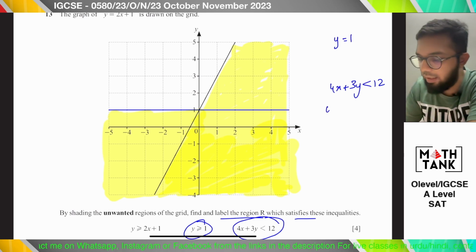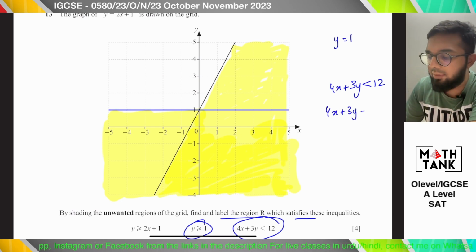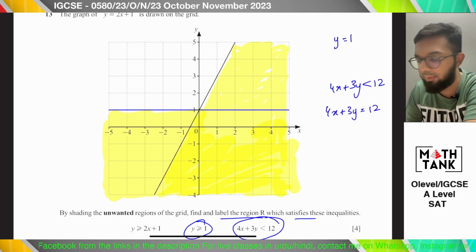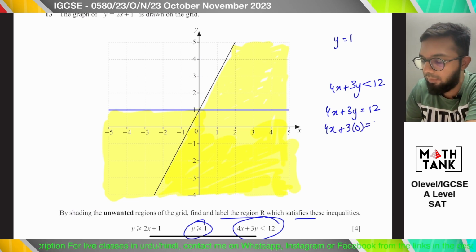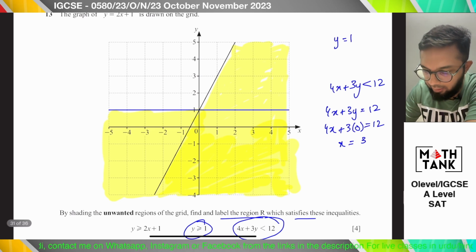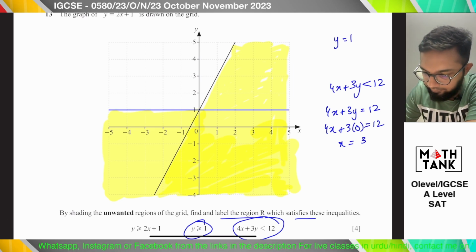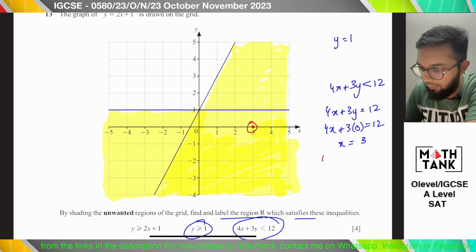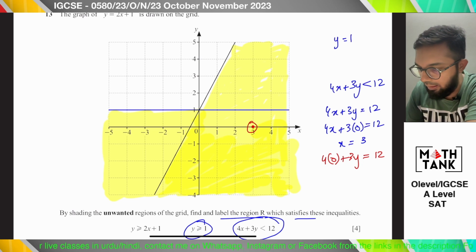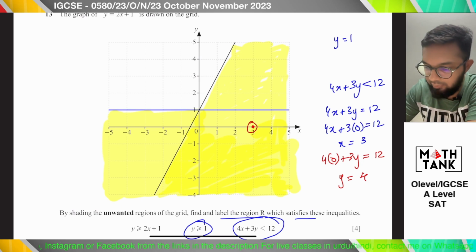How do I draw this line? I will have to sketch it using x and y intercepts. For the x intercept, I'm going to put y as 0. So x comes out as 3. Let's mark 3 here. Okay. And for the y intercept, I'm going to do this, and it comes to 4.